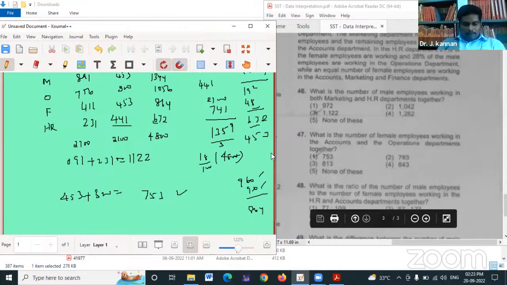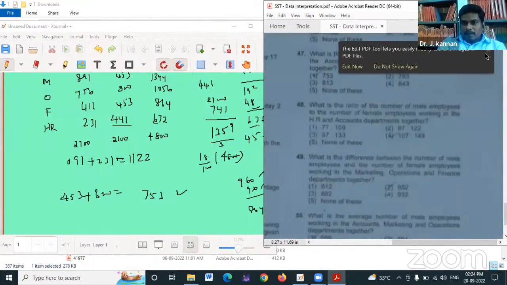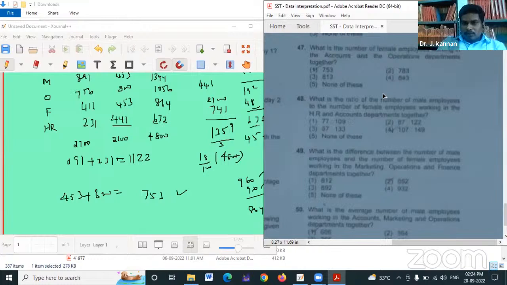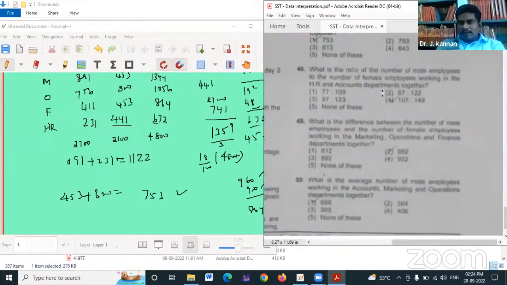The third problem asks: what is the ratio of the number of male employees to the number of female employees working in the HR and accounts departments together?